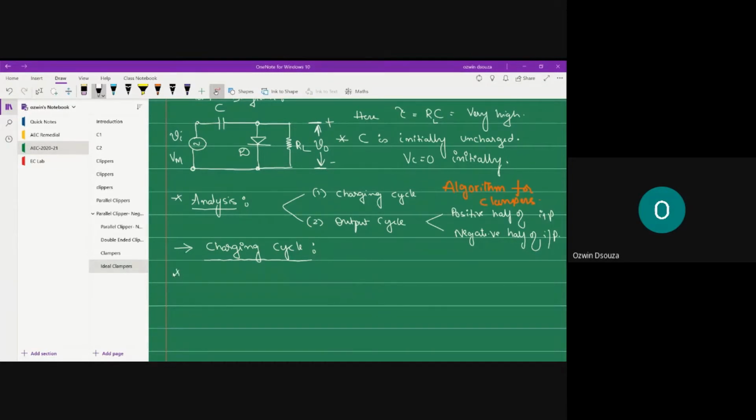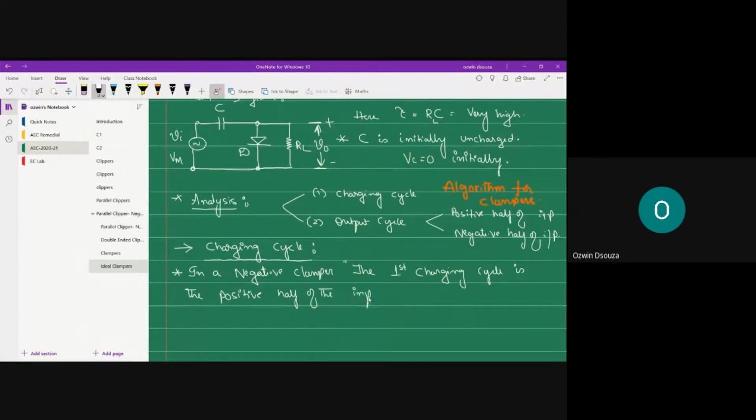So this is how we distinguish clampers. In a negative clamper, the first charging cycle is the positive half of the input.